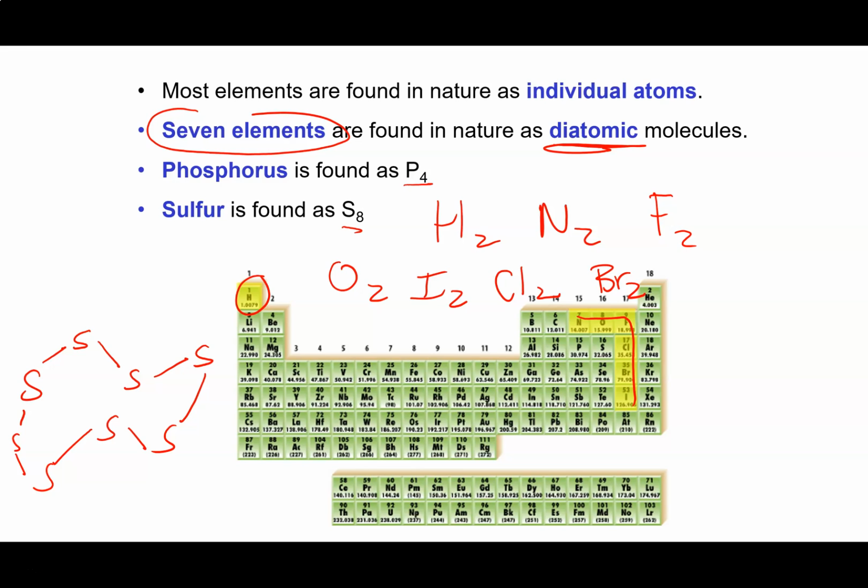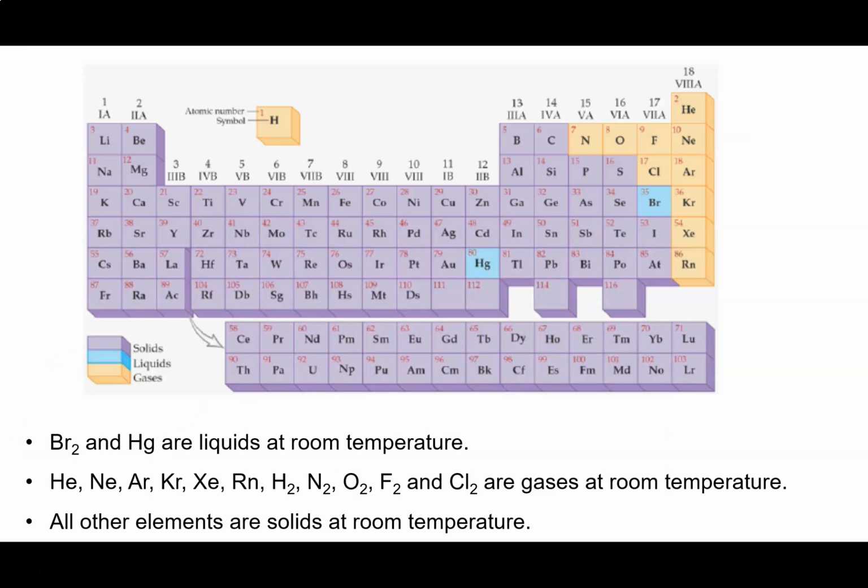All right. You will need to know the physical state, that is whether the elements are solids, liquids, or gases under standard conditions, so room temperature and normal atmospheric conditions. So this sounds kind of a bit daunting, but it's not actually that hard. And the reason is because most of the elements on the periodic table under standard conditions are solids.